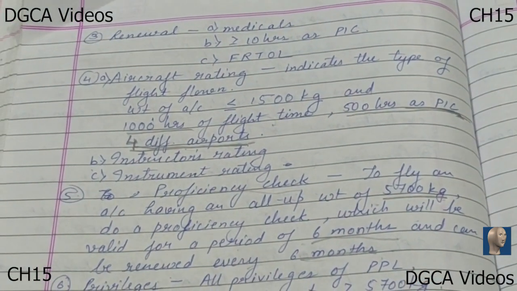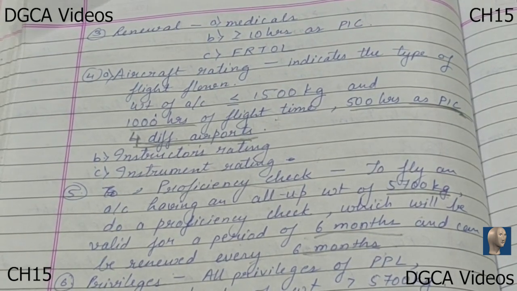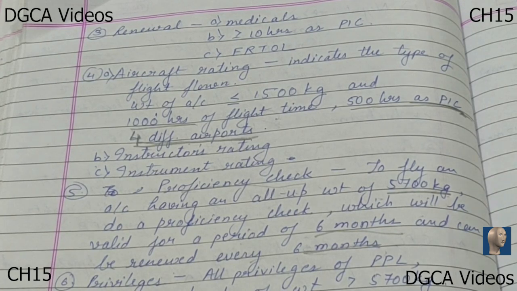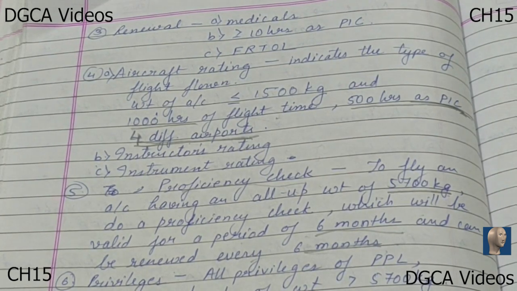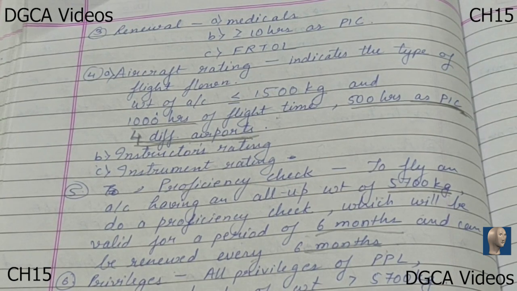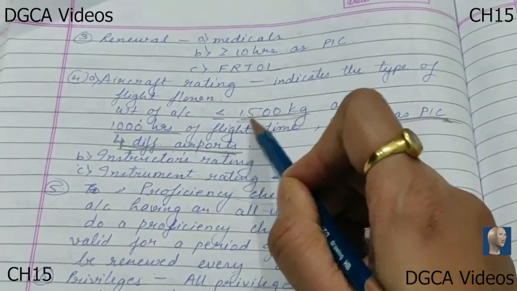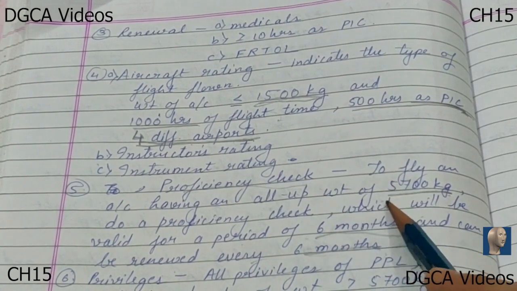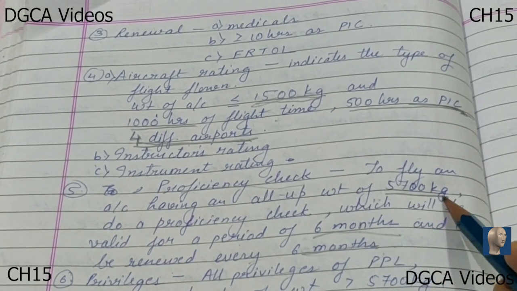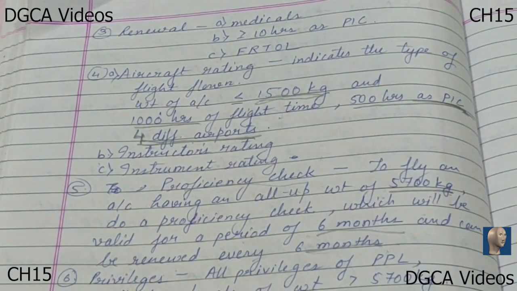It should be kept in mind that the proficiency check is done for aircraft greater in weight than the usual one you're flying. For the CPL, what you're flying is the 1500 kg flights, but here for the proficiency check, you'd want to fly a 5700 kg flight, so some checks have to be done.